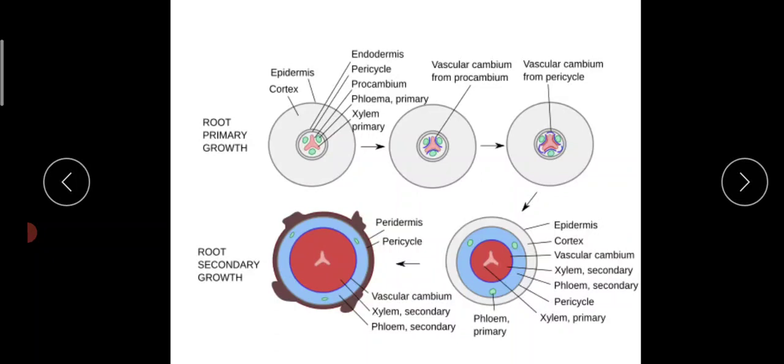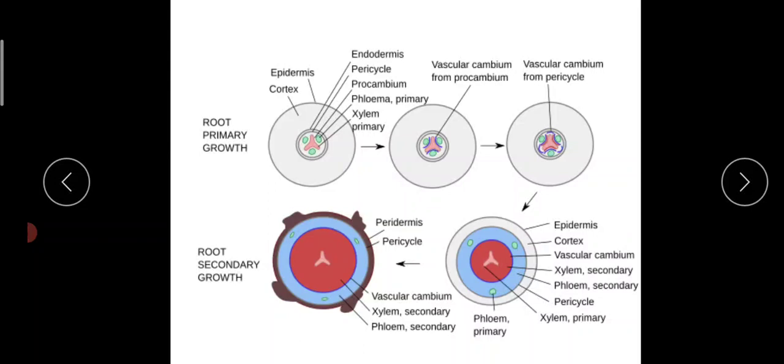So that is about the intrastelar secondary thickening. And the periderm formation is the same as that of dicot stem. As a result of this intrastelar secondary thickening, the cells in the cortex and the epidermis get sloughed off, and as a result a new periderm has to be formed.